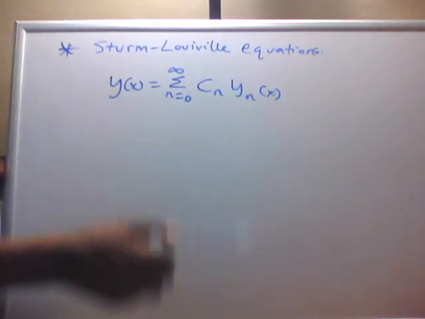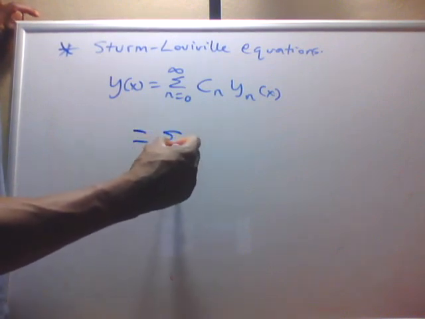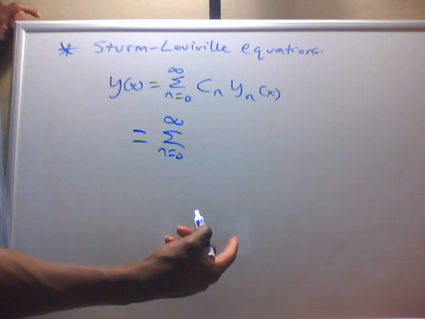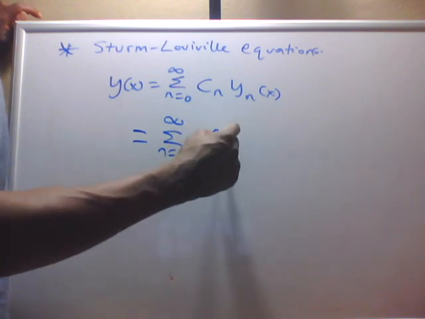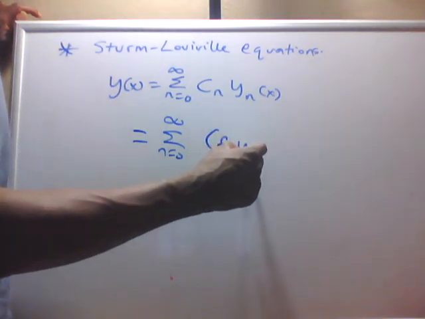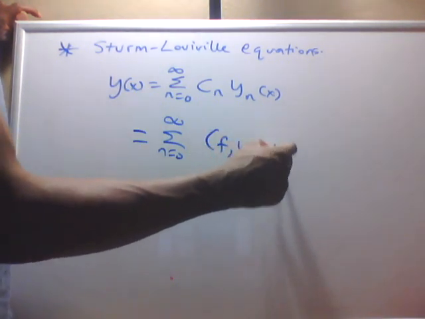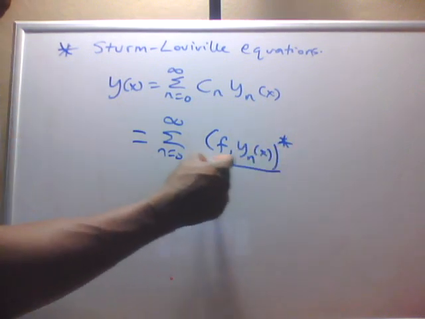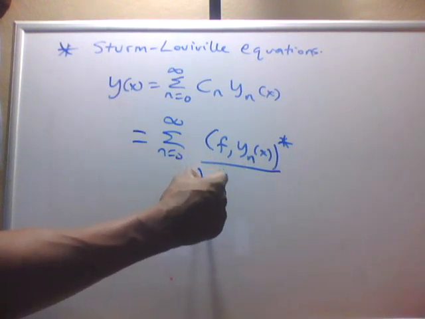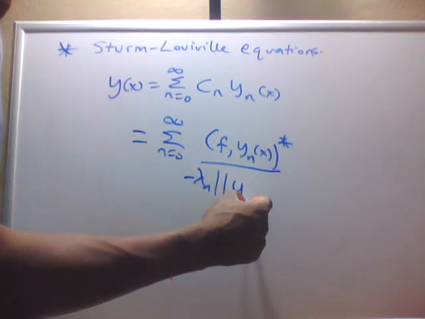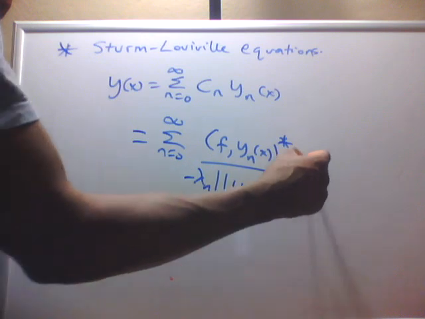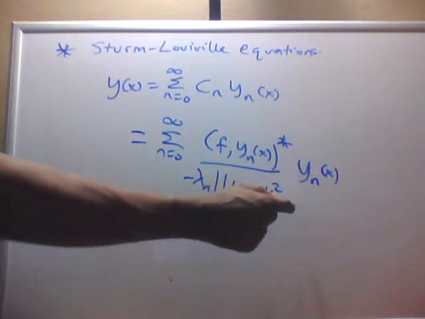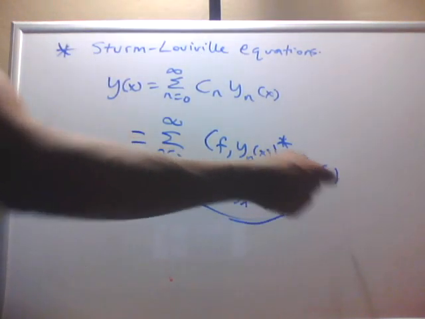So y of x equals the sum from n equals 0 to infinity of Cn yn of x, where Cn is the inner product of f and yn of x divided by the norm of yn of x. Okay, this is our Cn and this is the yn of x.